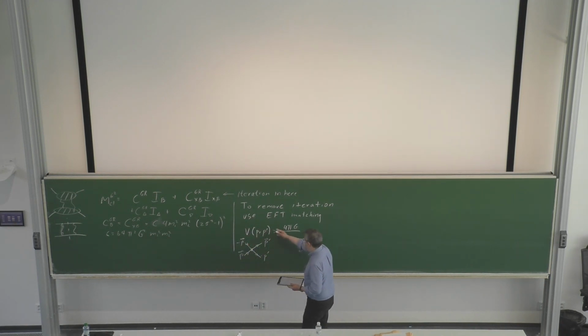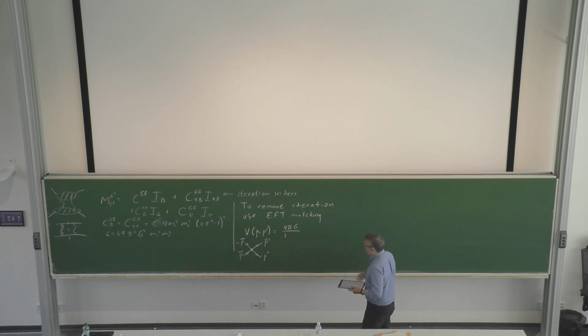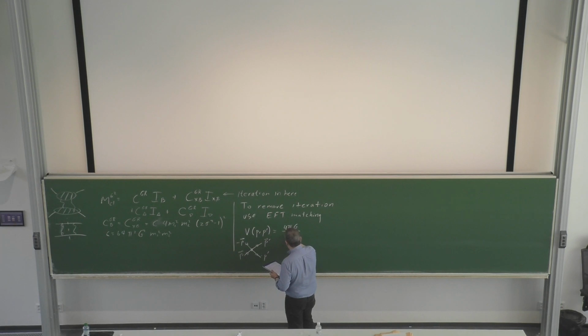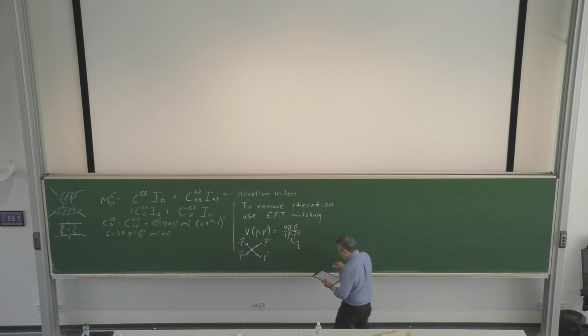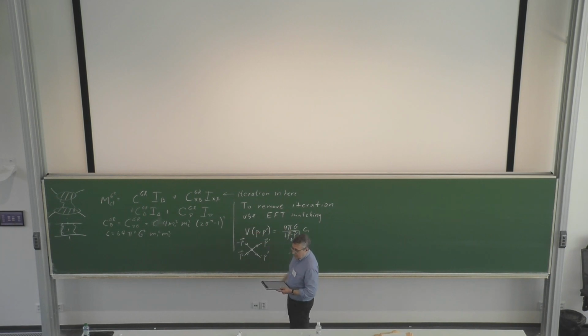And the potential is just the Newtonian potential plus its corrections, in terms of P minus P prime. I should probably put a vector symbol there. This is the momentum transfer, Q. And then there's a coefficient. The coefficient is what we calculate by matching to the full theory. So this was the tree level coefficient that we worked out.